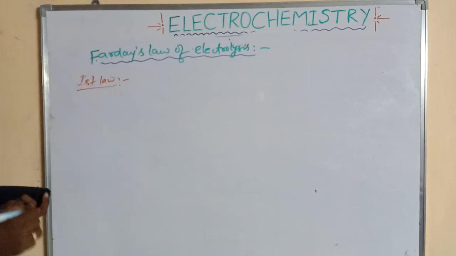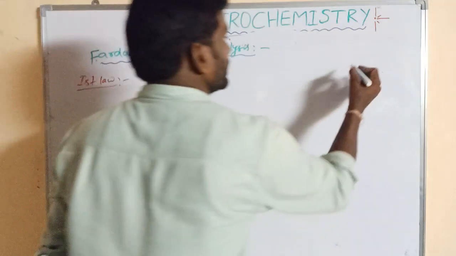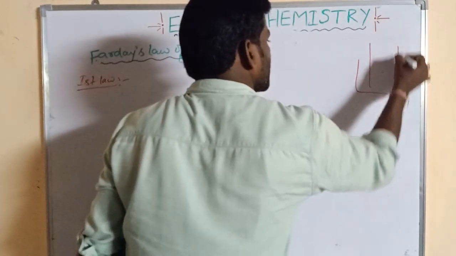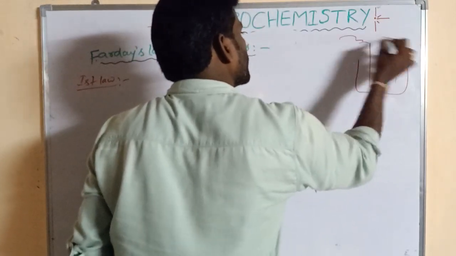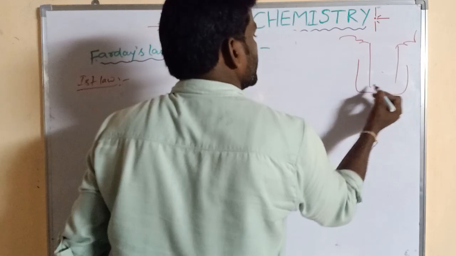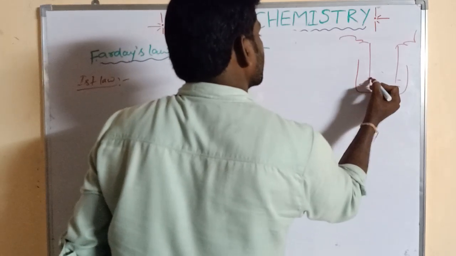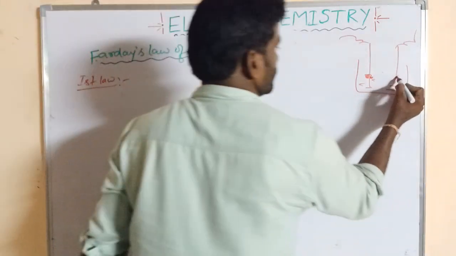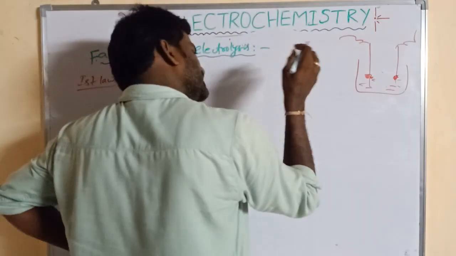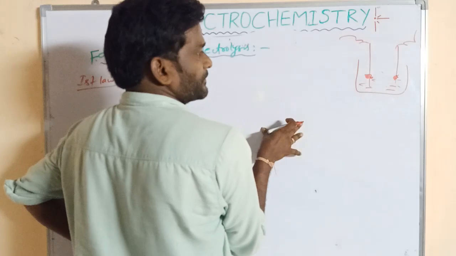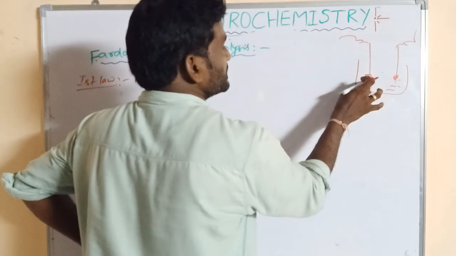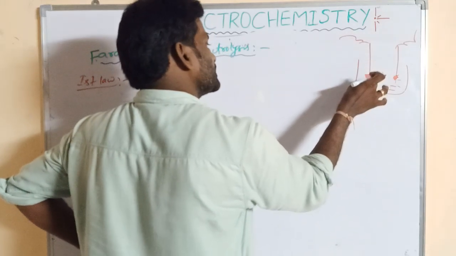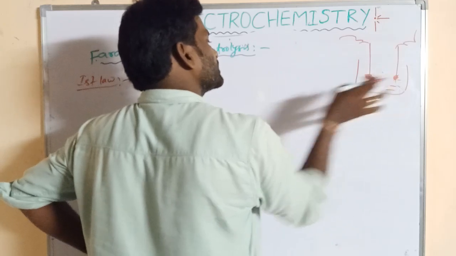According to the first law, already we are studying this electrolysis. This is the electrode. So here some substances are deposited at electrodes. That weight of substance, how does it vary with passing of current?